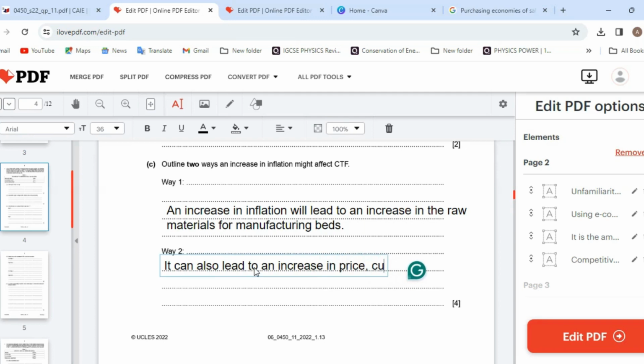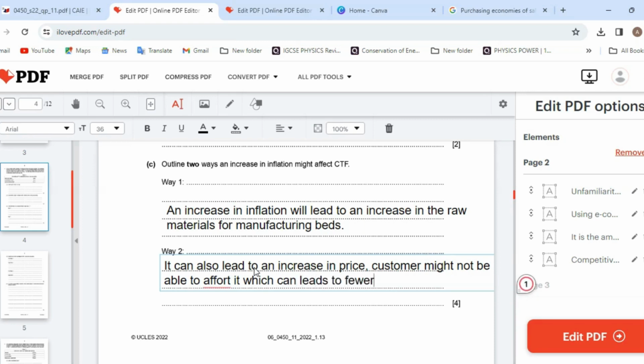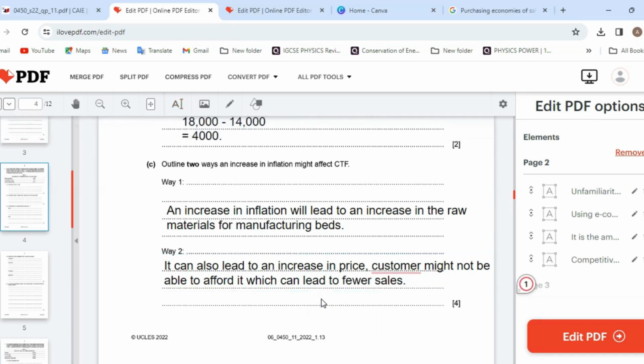You can say customers might not be able to afford it, which can lead to fewer sales. You've outlined this.